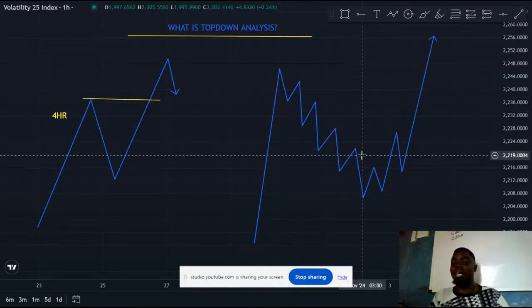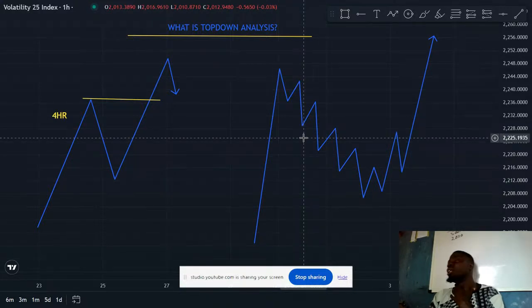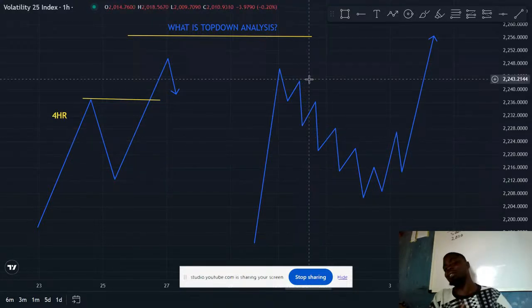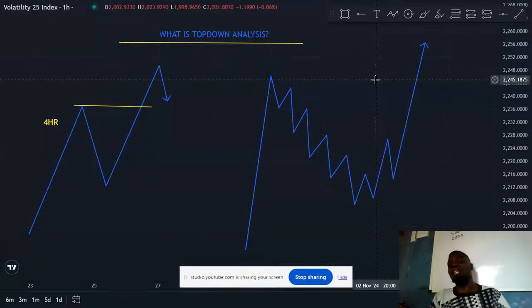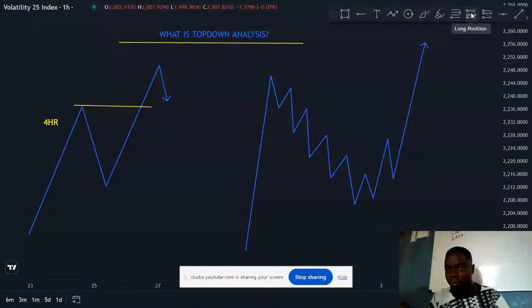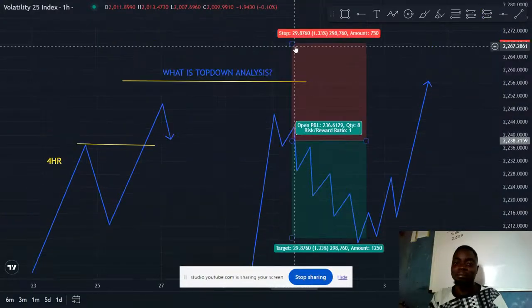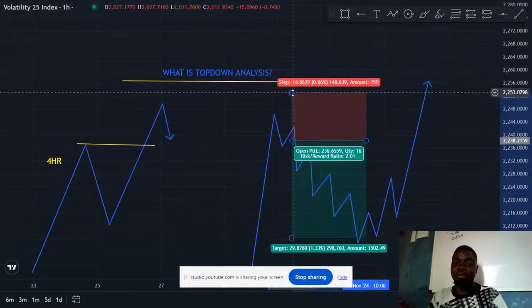You expect that pullback. All right, we are too aggressive. We want to catch the bearish move, and then we want to catch the bullish move. So you can also short from here. I will move to the chart because I don't want to do this here.